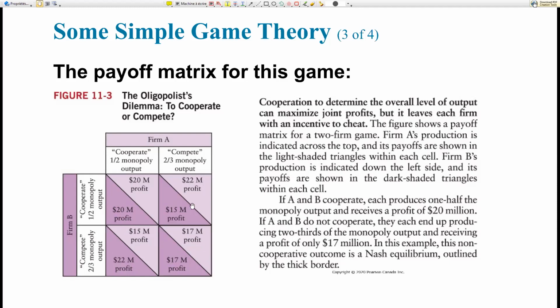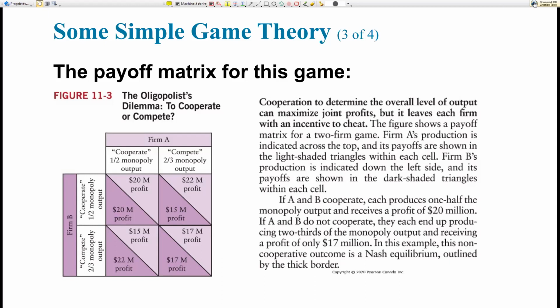So looking at this game, what do you think firm A will do, and what do you think firm B will do? I think both firms will compete because I don't think any firm will trust the other.